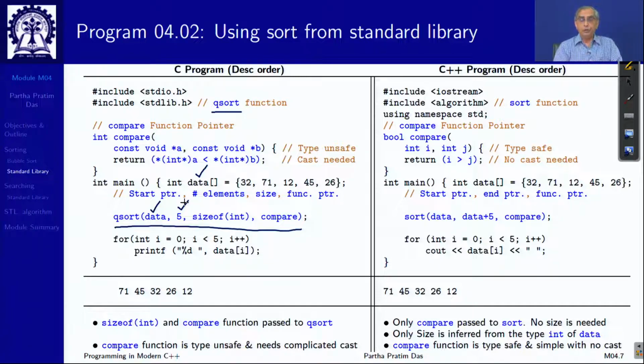Now, how you find out from the initialization that there are 5 elements is a different question, which is very standard code. If you do not know, we will discuss it at some point of time, but here you can clearly see that there are 5 elements.